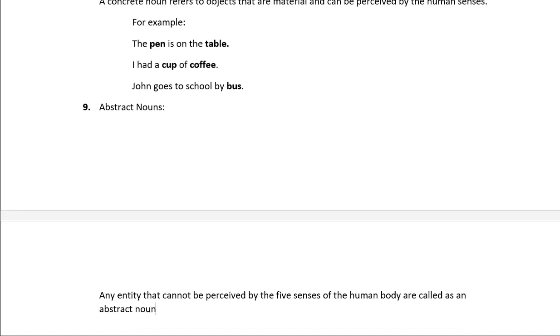So this noun can never be touched, never be perceived or sensed by human beings. The five senses of human beings: we cannot see, we cannot taste, we cannot smell, we cannot hear, and we cannot touch. Okay, these are the five senses. We can give examples.